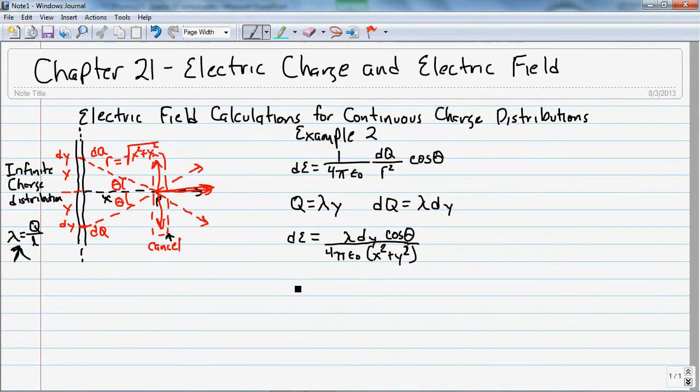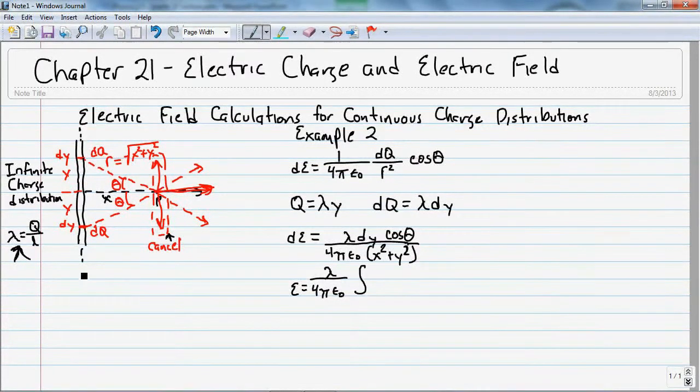So I'm going to write my electric field is equal to, put my constants out front, and then I'm going to have an integral.